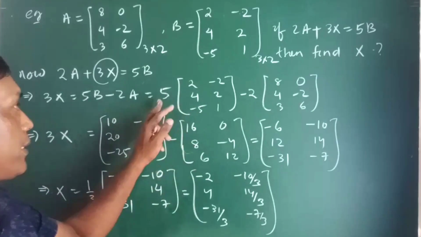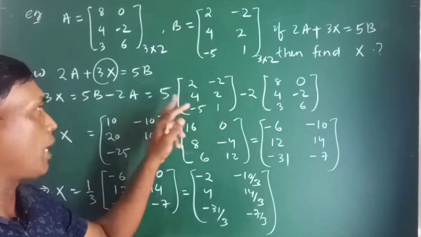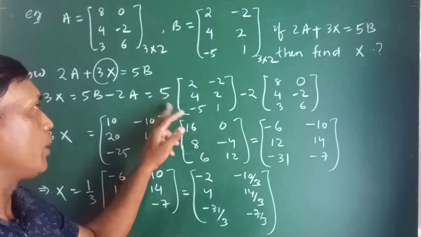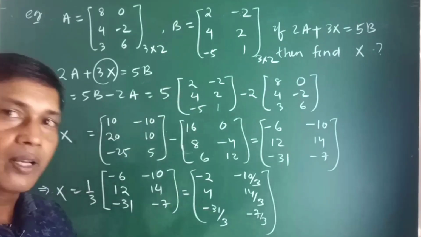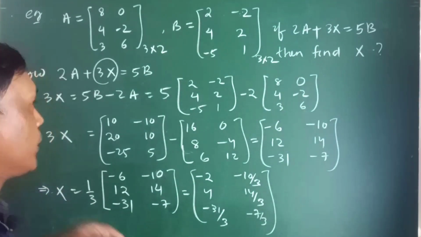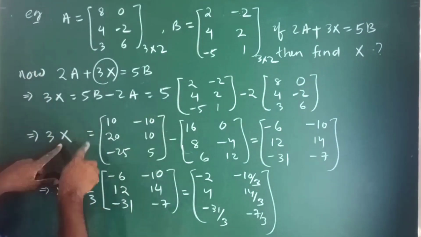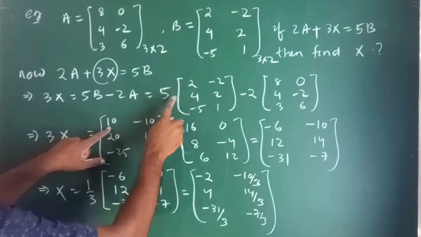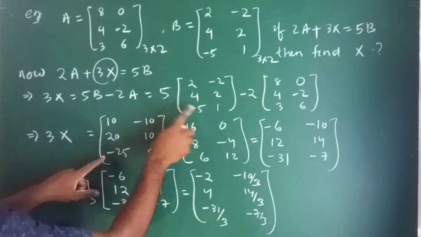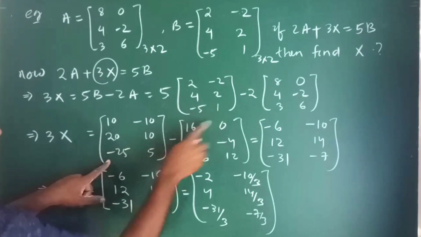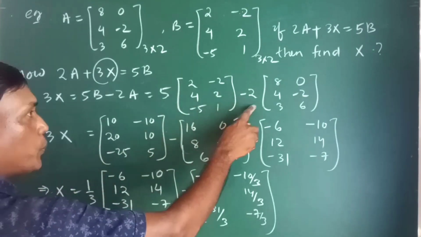When a scalar is multiplied with a matrix, we have to multiply that scalar with all elements of the matrix. जब 5 को मल्टीप्लाई करेंगे, हर एलिमेंट के साथ मल्टीप्लाई करेंगे, तो 3X is equal to 5 into 2, 10, 5 into minus 2, minus 10, 5 4 जा 20, 5 2 जा 10, 5 5 minus 4 जा minus 25, 5 1 जा 5, minus 2 into this matrix.